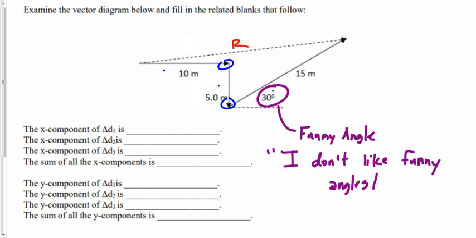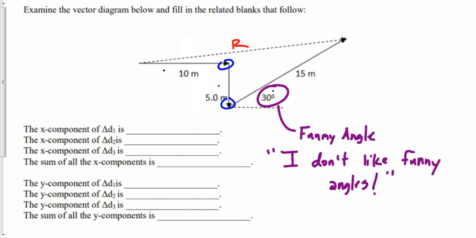Okay, repeat it. I don't like funny angles. I don't like funny angles.